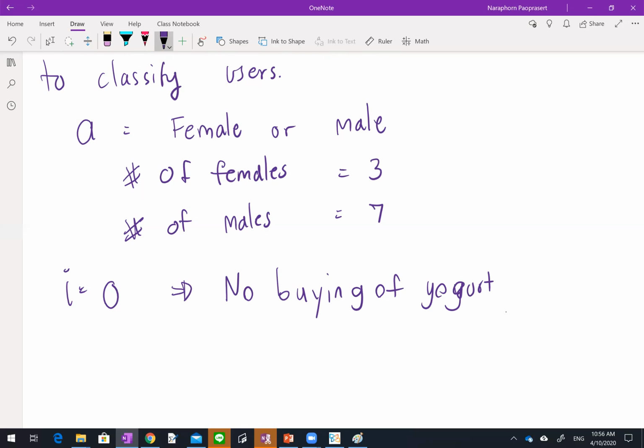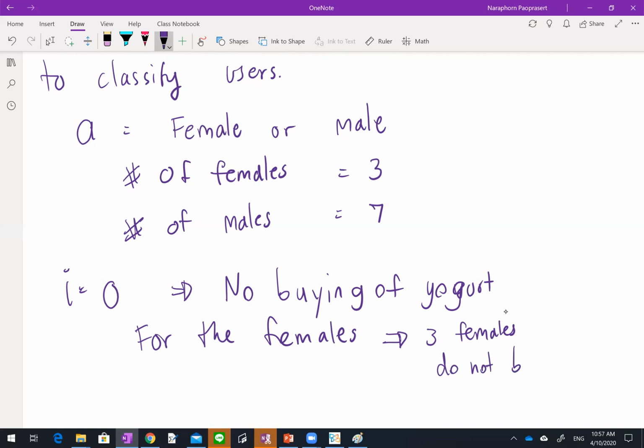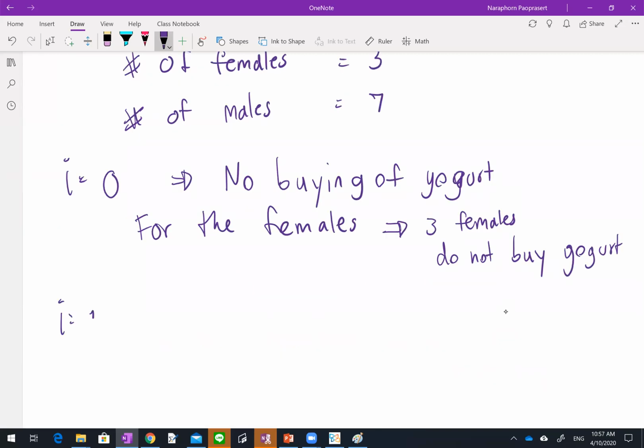That means that the 3 females do not buy yogurt. i equals 1 means buying yogurt, so 0 females buy yogurt.